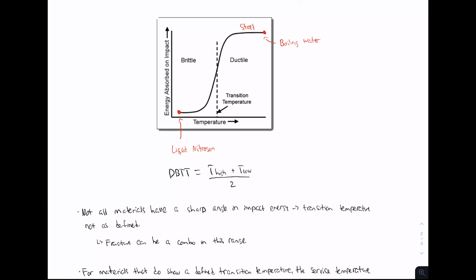That is, it's going to take longer to fracture for a ductile material than a brittle material. And then what you'll see for a brittle fracture mode, I should say, is that you're going to have a flat plane, and the surface is going to be very smooth. That's because it's an almost instantaneous fracture. Our hammer's going to hit that specimen, and it's going to shear it into two.